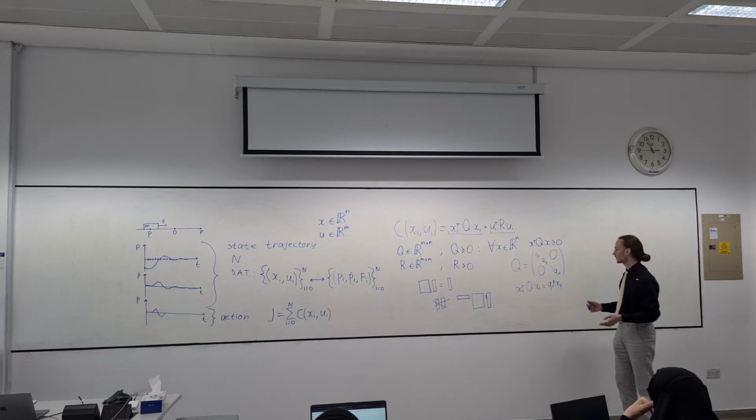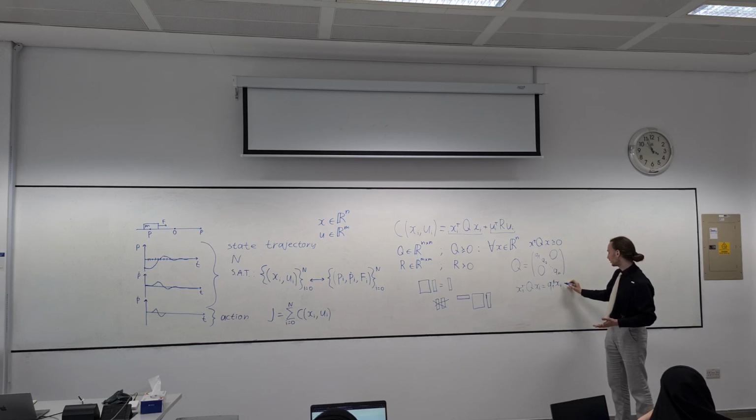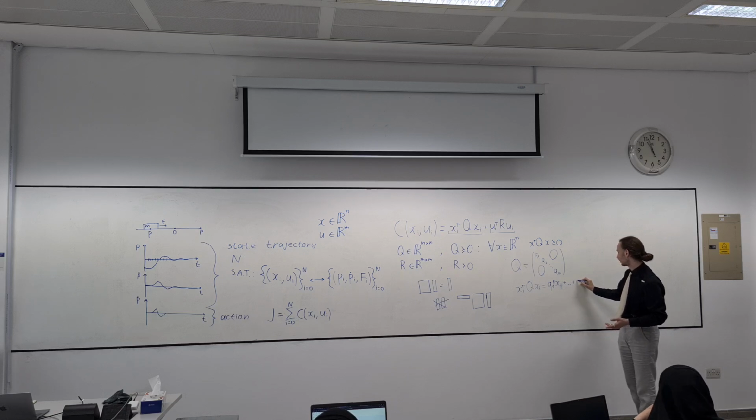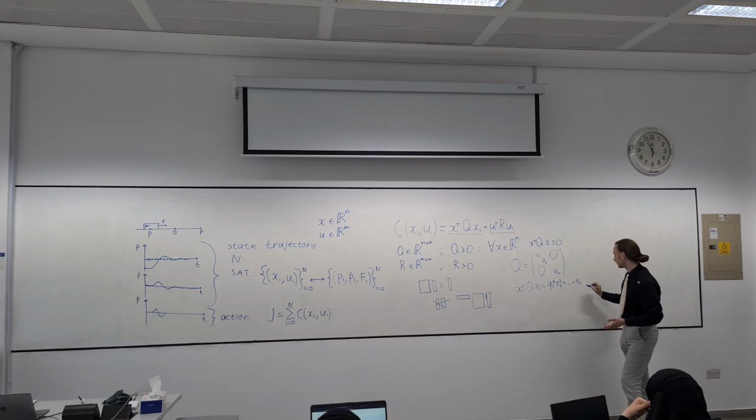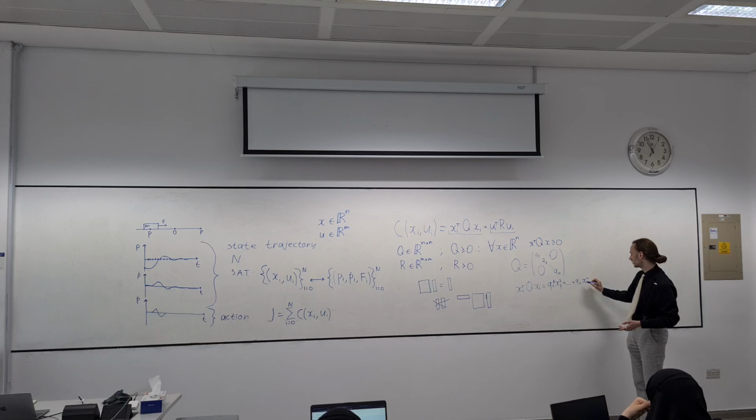And for the diagonal form of the matrix, this multiplication will look like this, and here we'll have q sub n times x sub i squared, the element number n.